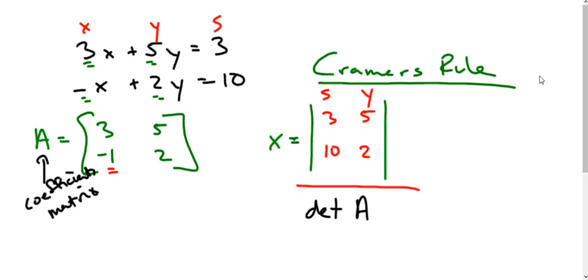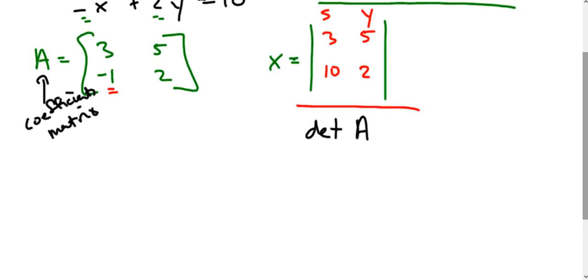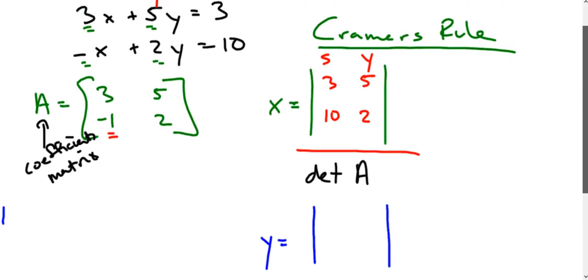Now, for the next one, we also probably want to find out what y is. For finding y, we're going to do the same thing. We're going to find the determinant of another matrix, but in this case, we're going to be replacing the y column with the solutions, and we're going to have x left over. So what we're going to have here is 3 and negative 1.